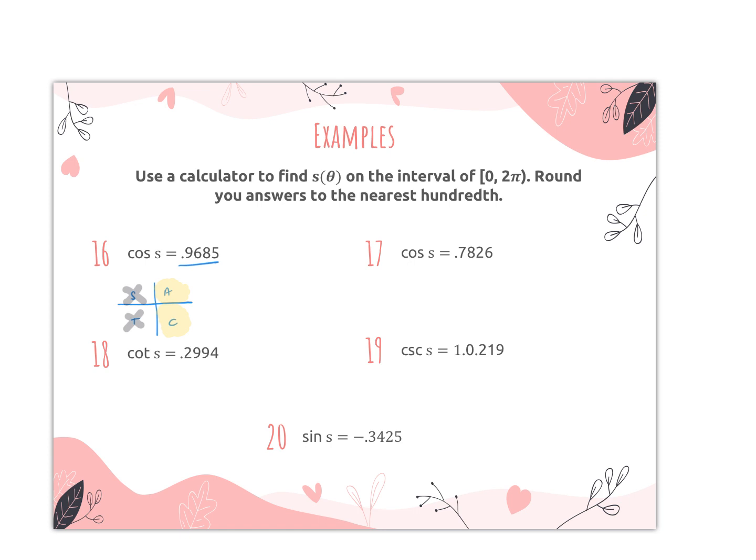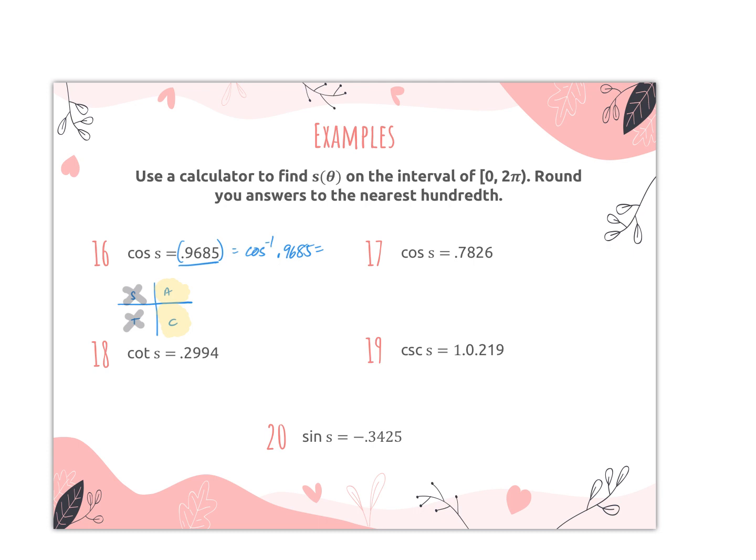So even if this value were negative, I would go to my calculator and type inverse cosine of 0.9685, and this is going to give me my reference angle.